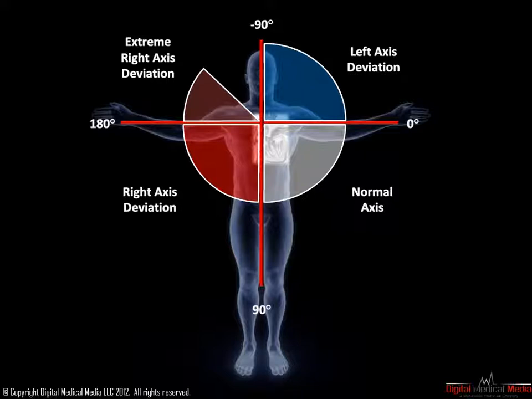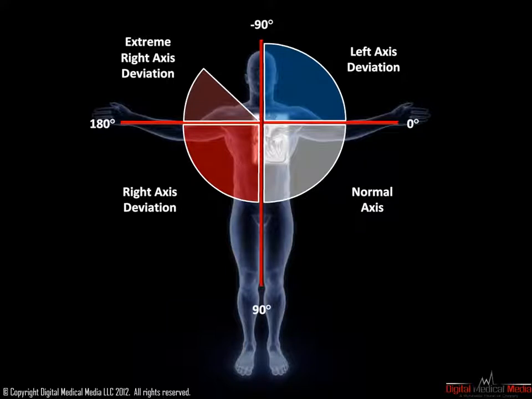Therefore, each quadrant of the Cartesian coordinate system has a defined label. The left lower quadrant, as defined by the patient, is normal axis. The left upper quadrant, again as defined by the patient, is called left axis deviation. The right lower quadrant is right axis deviation, and the right upper quadrant is extreme right axis deviation.